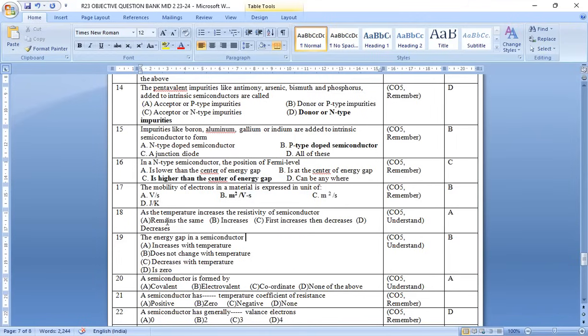It is a negative temperature coefficient. The temperature increases, resistance decreases, hence the current increases. So option D is the correct answer.